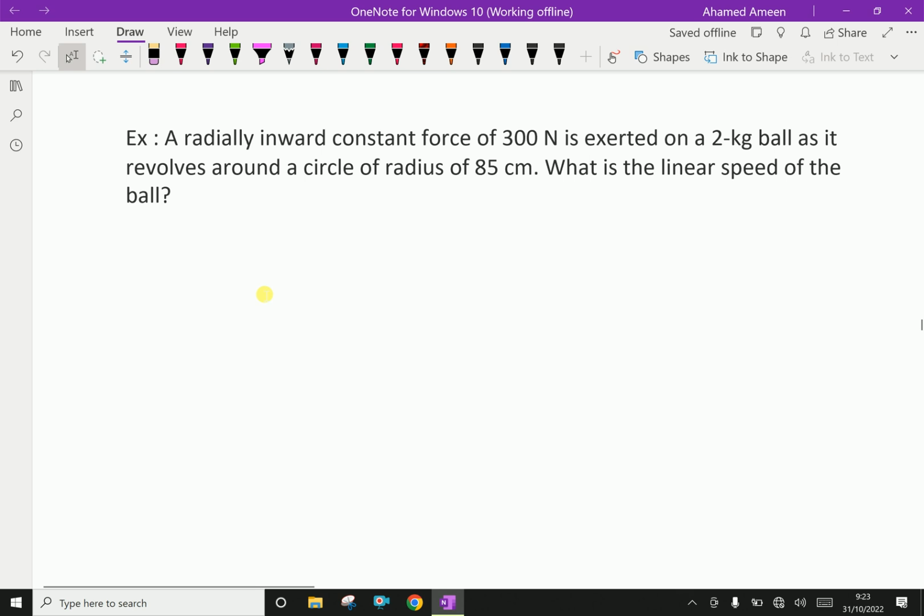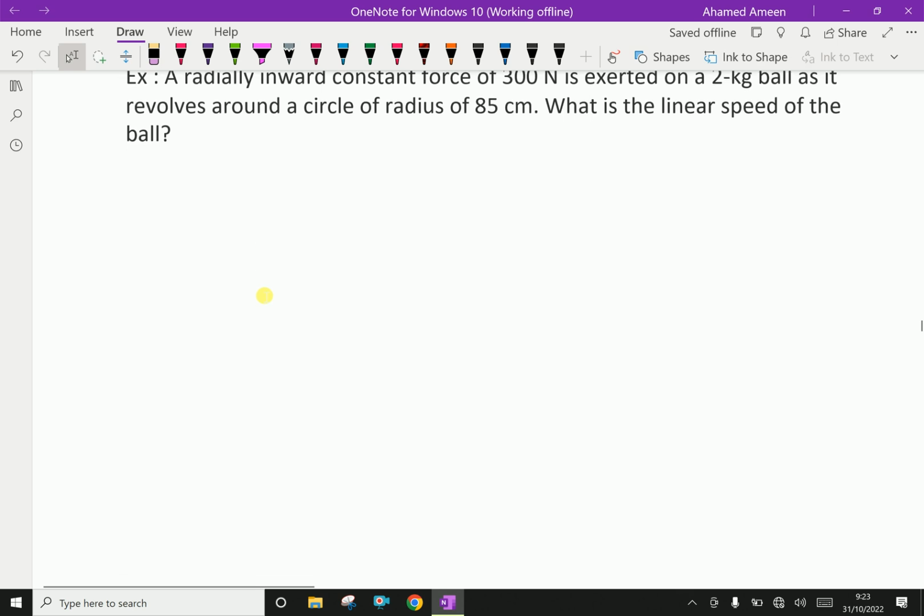Now, first we find velocity V equals the square root of R Fc over mass. Let us calculate this.